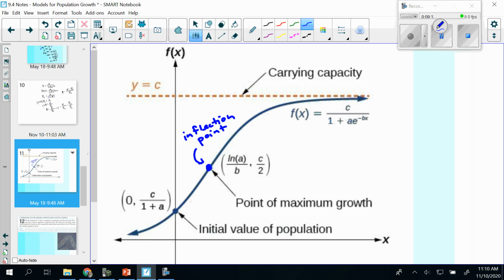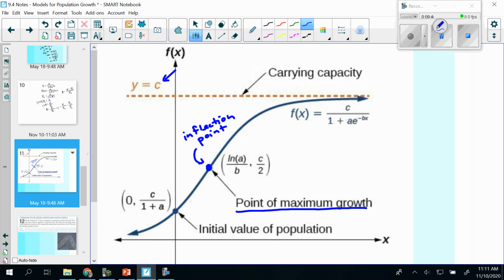because you're changing from concave up to concave down. And it changes to concave down when you start approaching that carrying capacity. So that inflection point, that's the point of maximum growth. So in these problems, if they ever ask you what is the point of maximum growth, it's the inflection point. And that point in logistic growth always occurs at half of the carrying capacity.